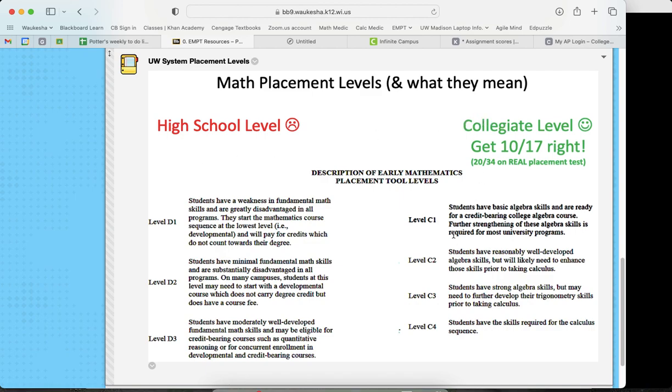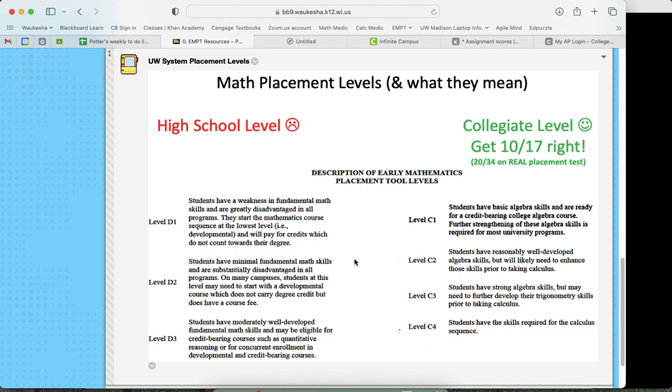And the C levels are what we call the collegiate level. That basically means that you would get placed into a college level math course, and the different levels within the C category tell you what level of college math you'd be placed in.